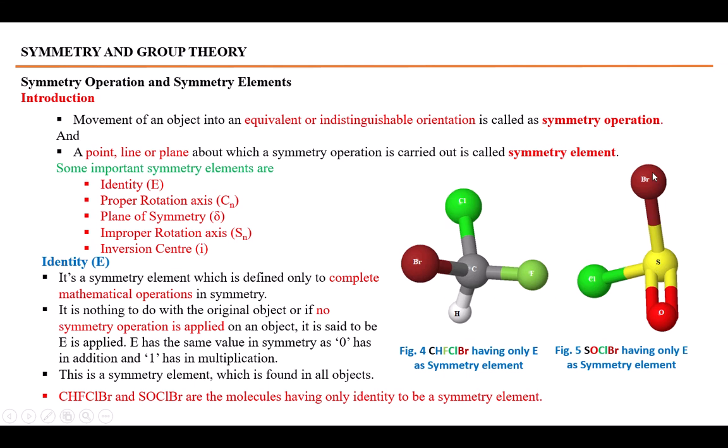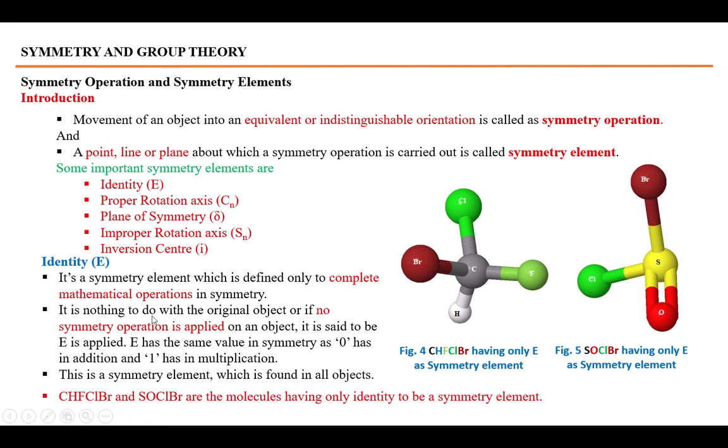Similarly, SOClBr, all these atoms are different. These are two molecules which have only identity as the symmetry element. There exist no other symmetry elements. If you apply a rotation, if you apply a plane, they will not give you the indistinguishable image. So they have only identity as a symmetry element.